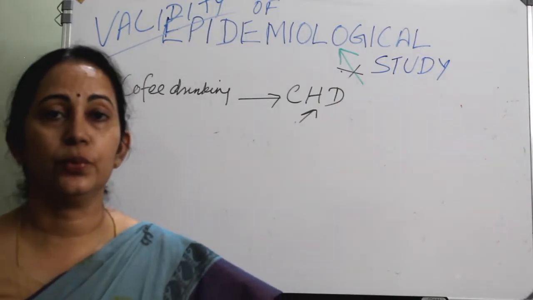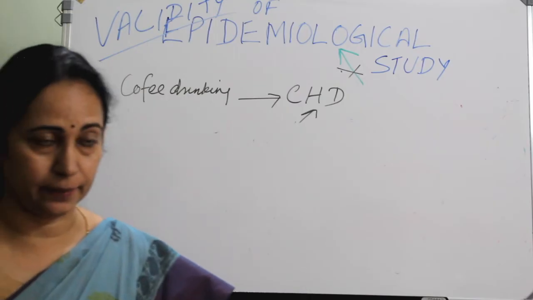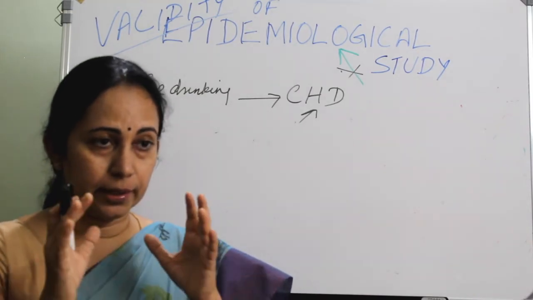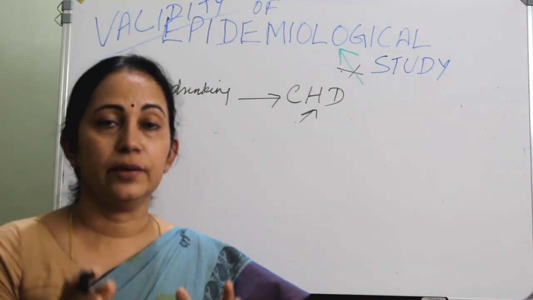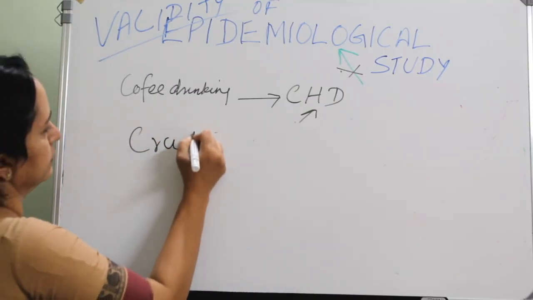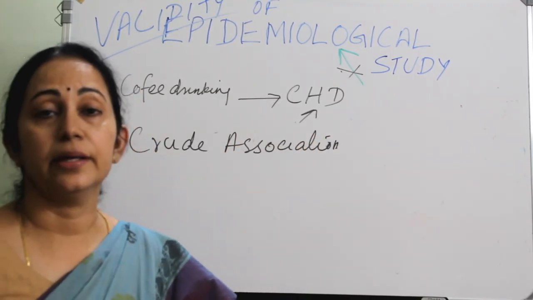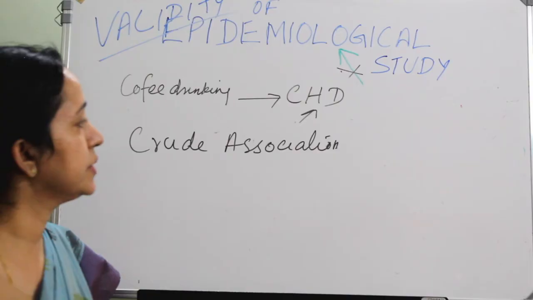Okay, so now you know how to validate an epidemiological study. In a literature or anywhere, if you find a crude association, first look at whether it is due to chance or not.